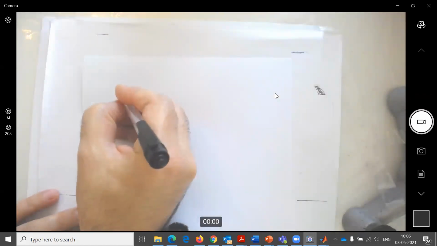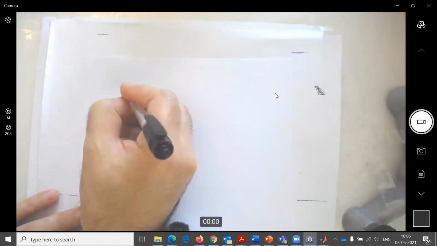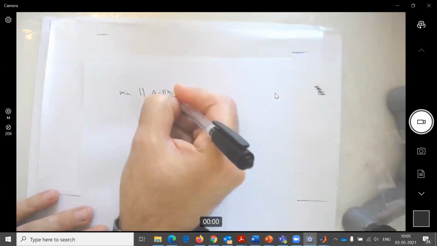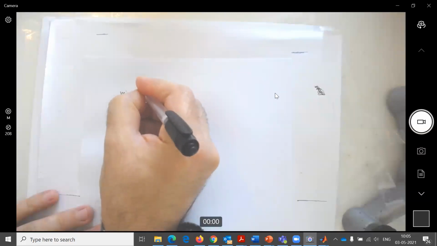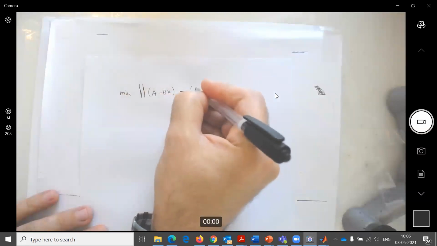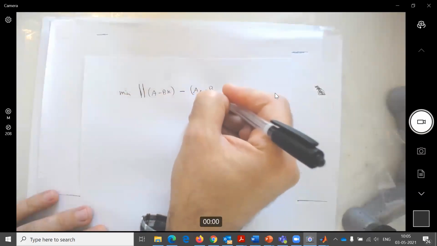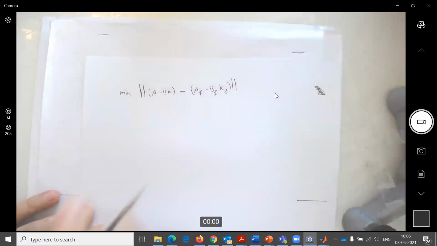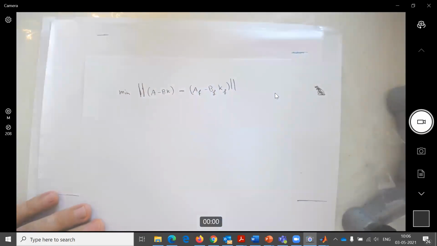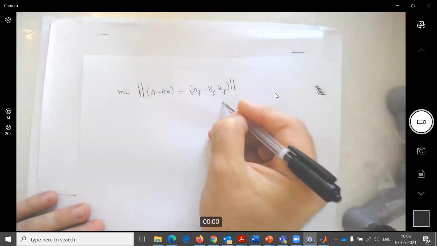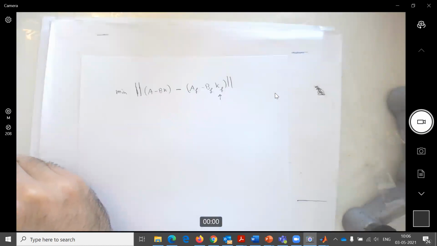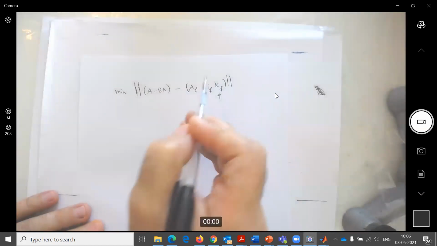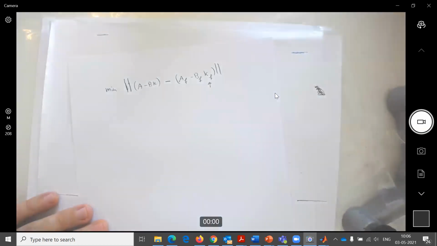We are trying to minimize the norm of A minus BK minus AF minus BF KF. What is the unknown here? The unknown is KF. Everything else is known: A, B, K, AF, and BF are all given.